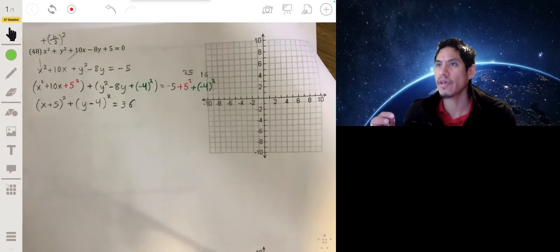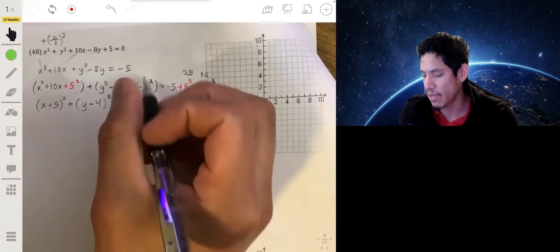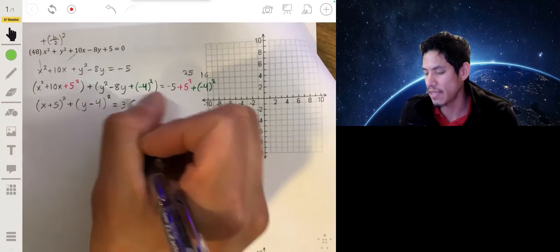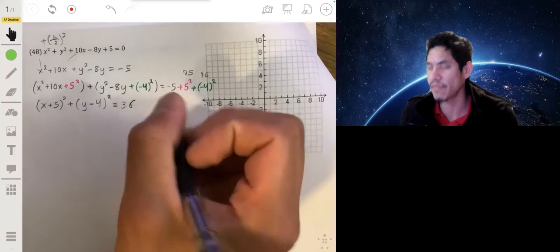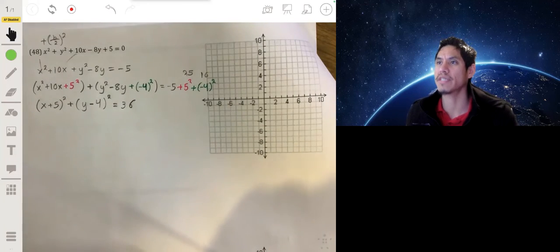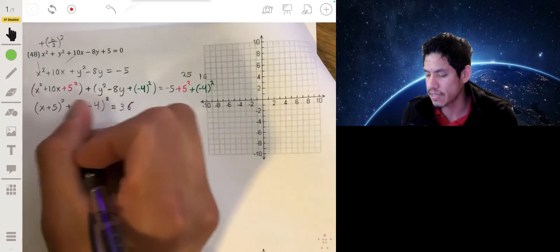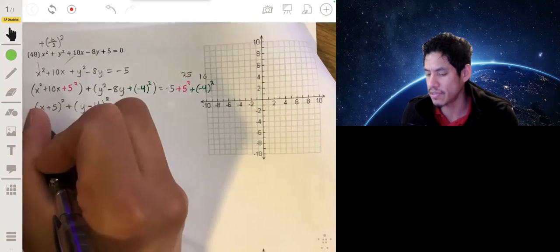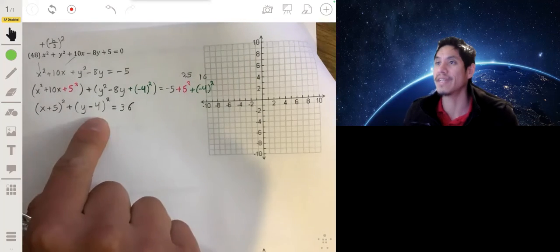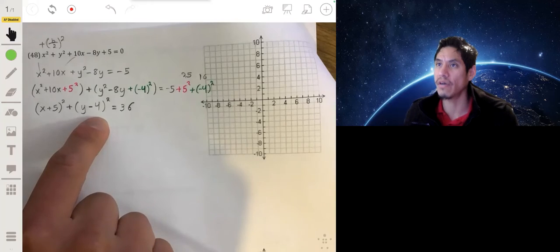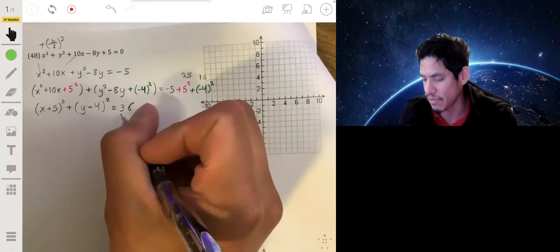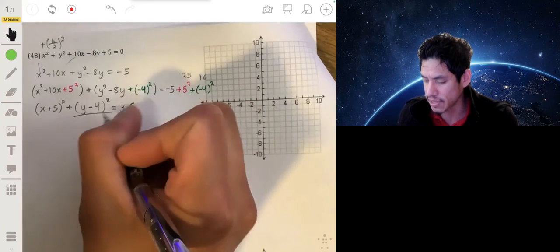Now, usually I would say divide by 36 because you want to figure out what type of conic section this is. But you can see that there's no difference in the denominators of x or y. Let me say, for example, let's say we went and just divided by 36.